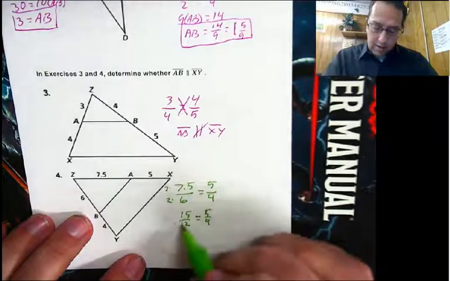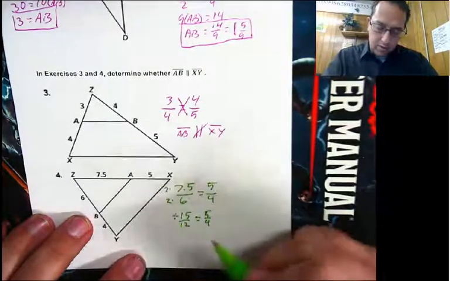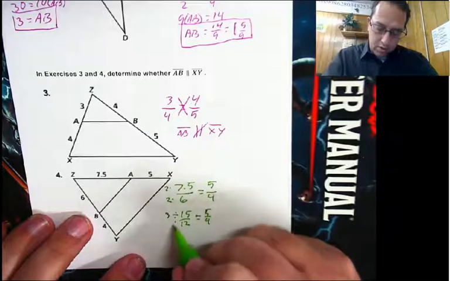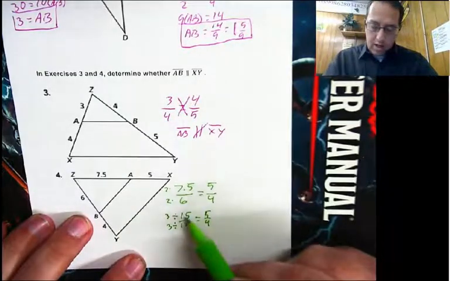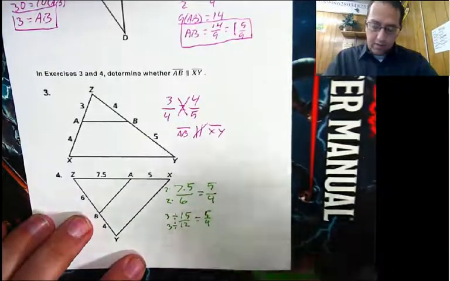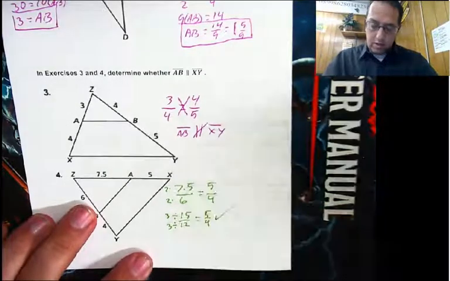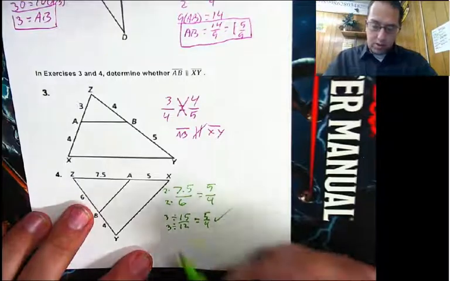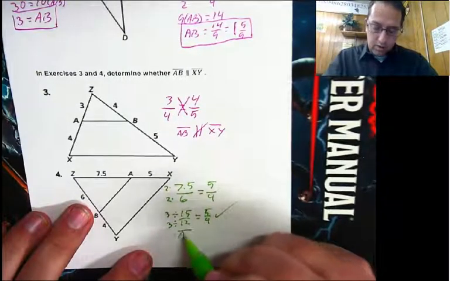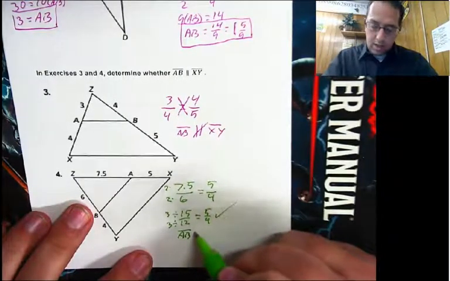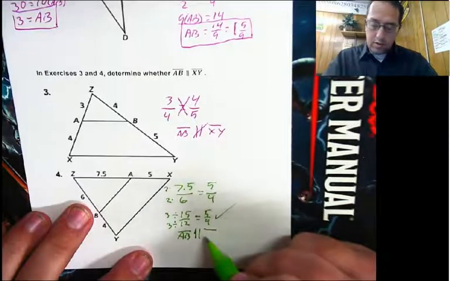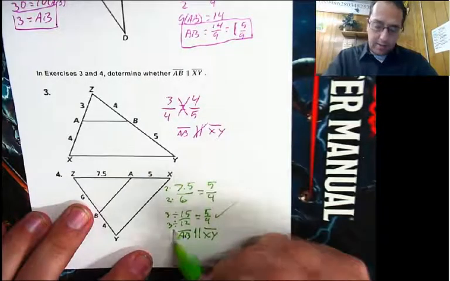Well, let's see, 15 and 12, those are both divisible by 3. And divide that by 3, I get 5. Divide 12 by 3, I get 4. So, hey, this checks out. So this checks out. It works. And so on this one, segment AB is parallel to segment XY.